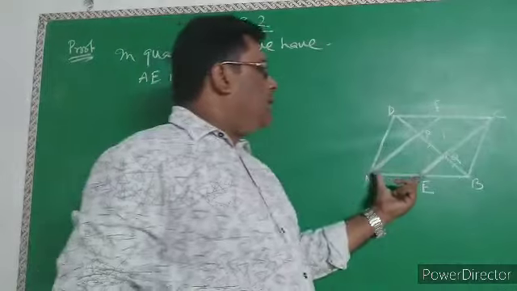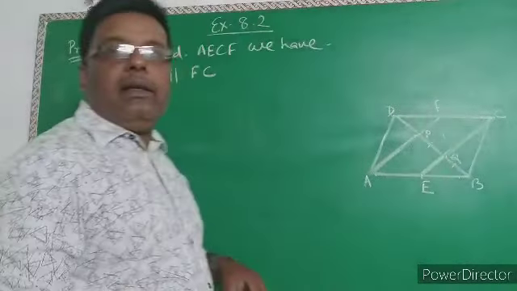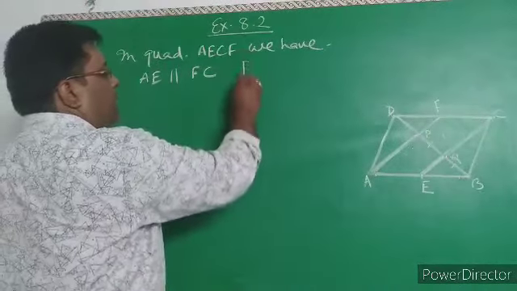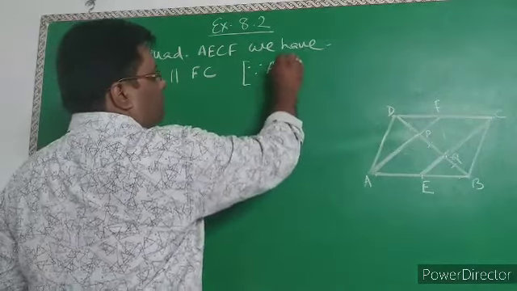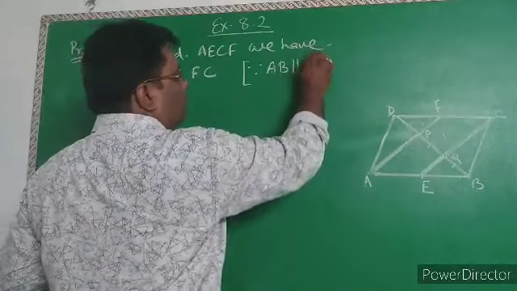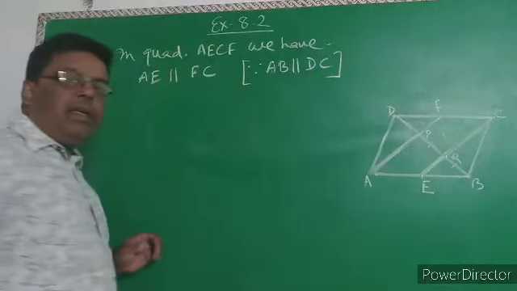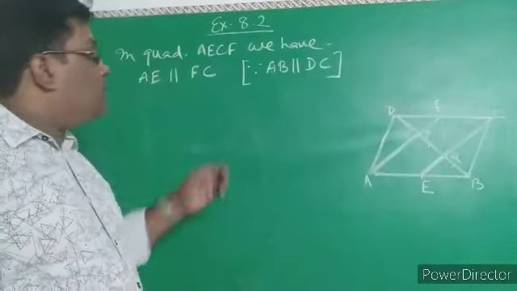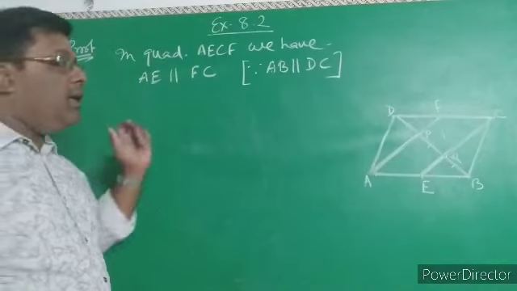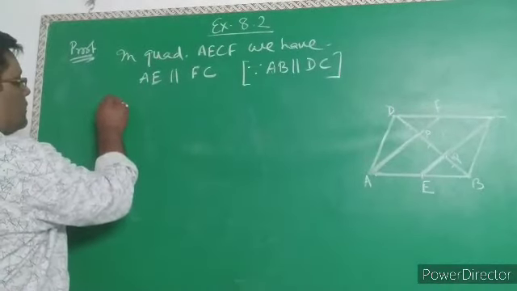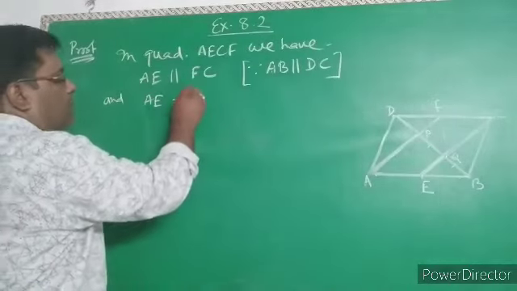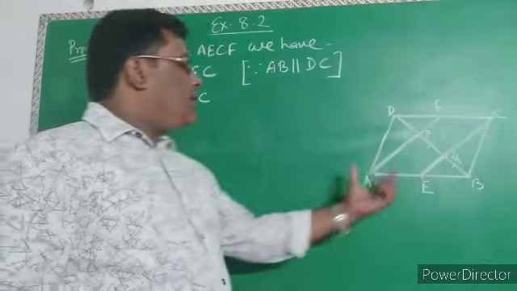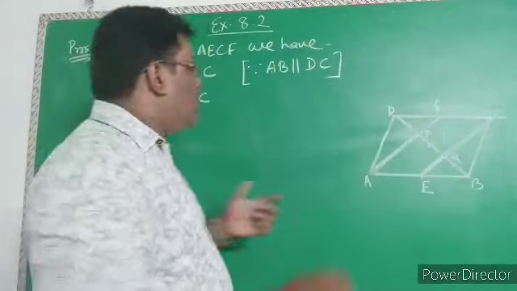That is, AE and FC are parallel because AB and DC are parallel, so AE and FC are also parallel, and AE is equal to FC.